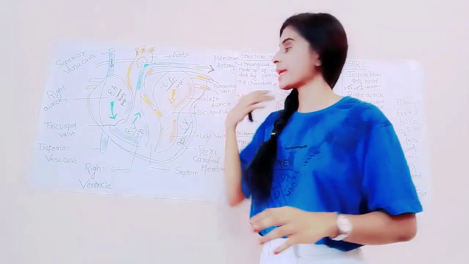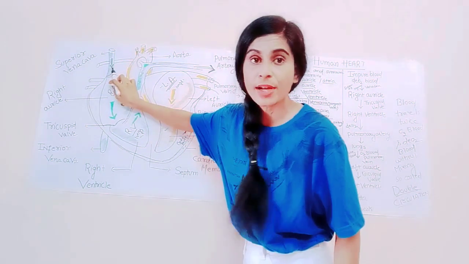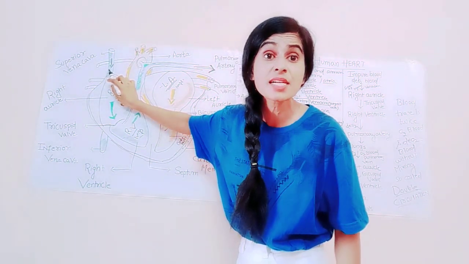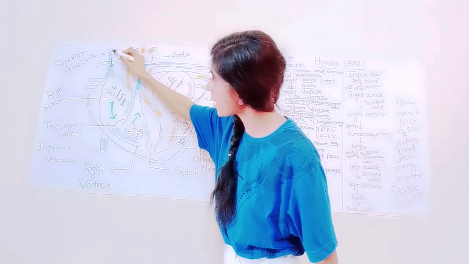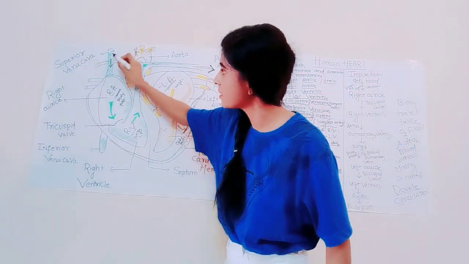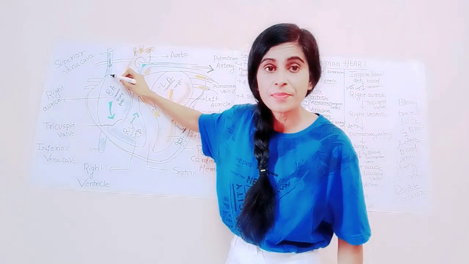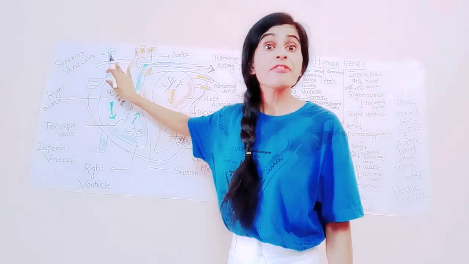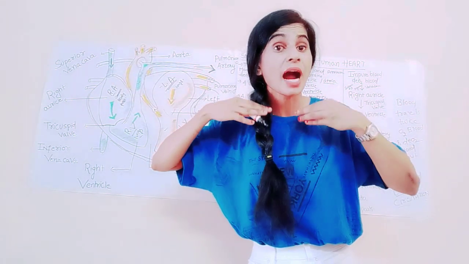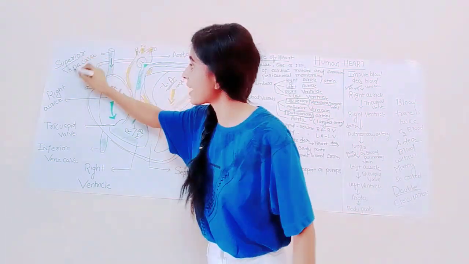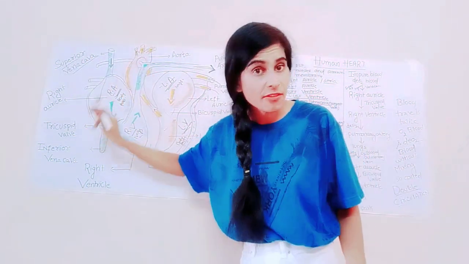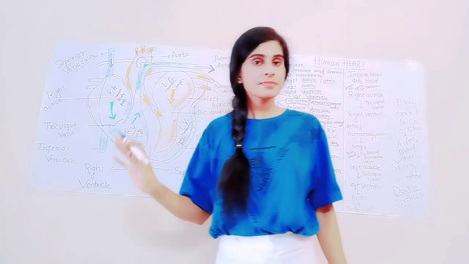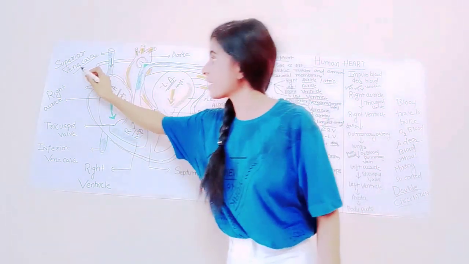First of all, what happens? You can see this blue colored one at the top. This is your superior vena cava, the largest vein. From where will it carry blood? From the upper parts of the body.